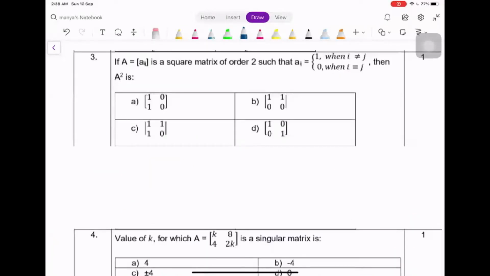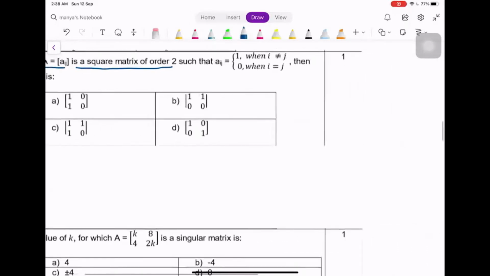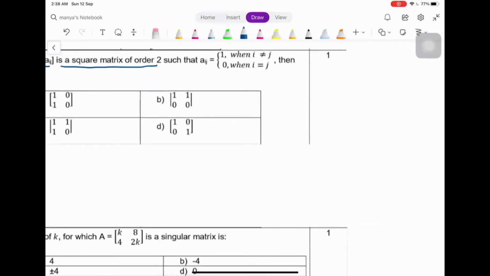The third question says, if A equal to [aij] is a square matrix of order 2 such that aij is equal to 1 when i is not equal to j and 0 when i is equal to j. Okay. So we have this 2 by 2 matrix with entries a11, a12, a21, a22.